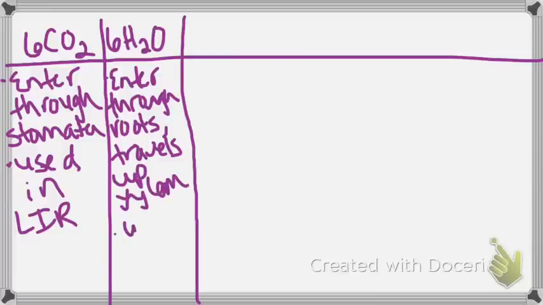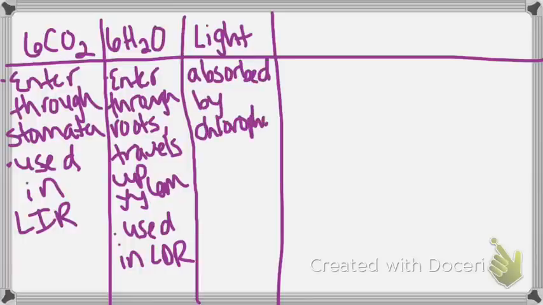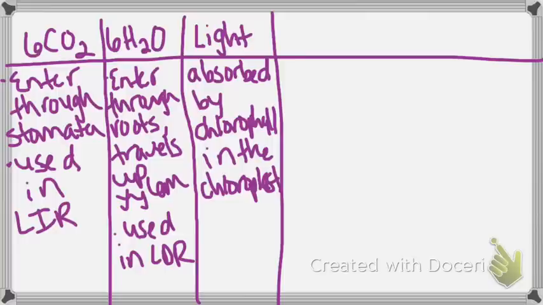Okay, and this is going to be used in our light-dependent reactions, the first set of reactions of photosynthesis. Our next reactant is light. Light is going to be absorbed by chlorophyll in the chloroplast, specifically the thylakoid of the plant.